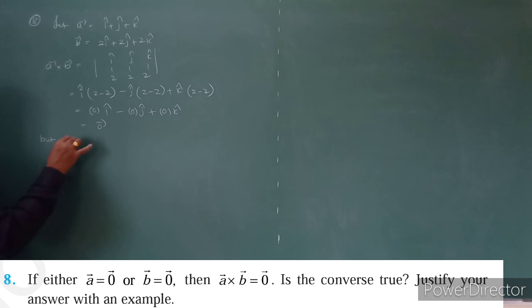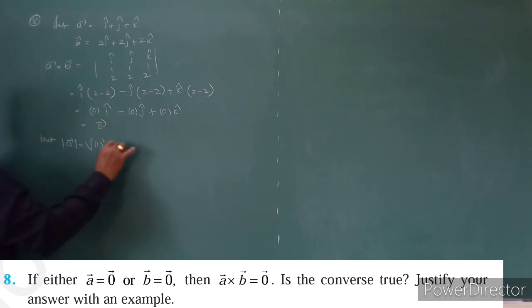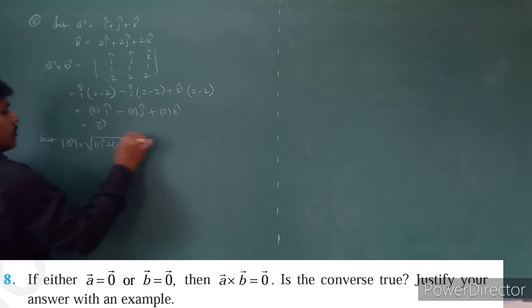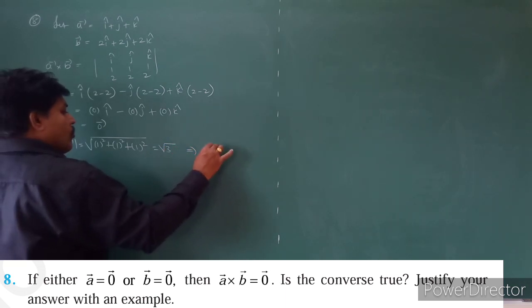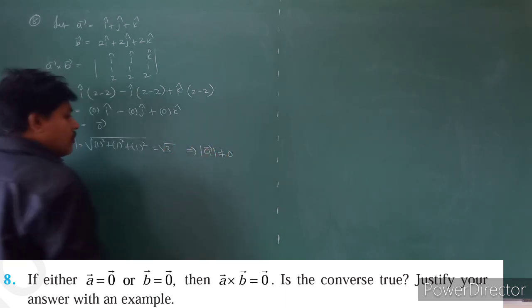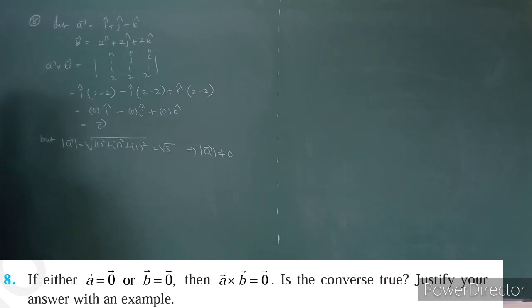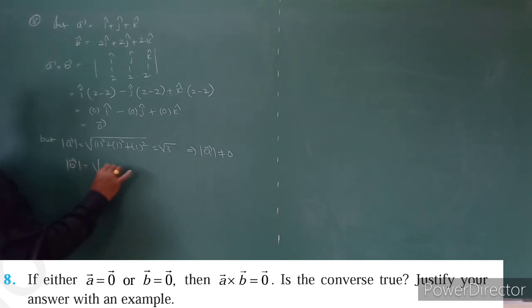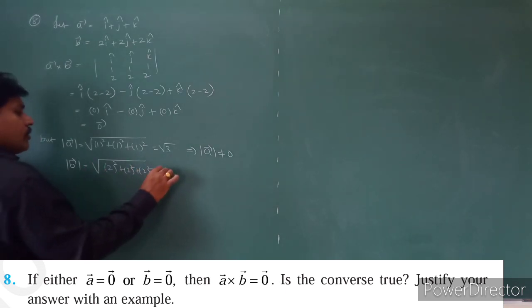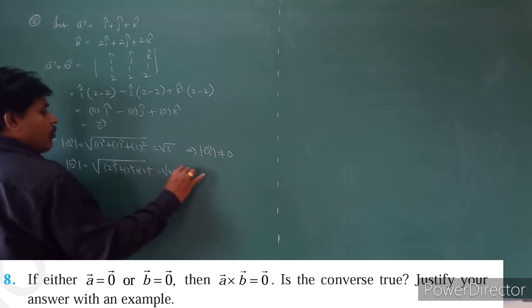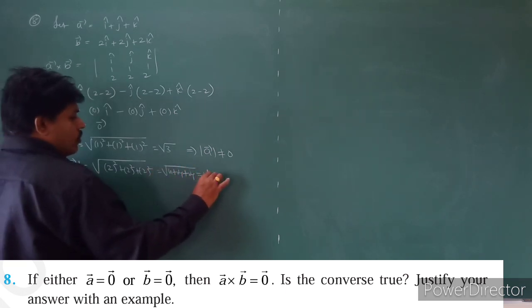But what is mod A bar? Root of 1 square plus 1 square plus 1 square. So that is equal to root 3. So mod A bar is not equal to 0, meaning A is a non-zero vector. What is mod B bar? It is the square root of 2 square plus 2 square plus 2 square. So that is equal to root of 4 plus 4 plus 4, root 12.